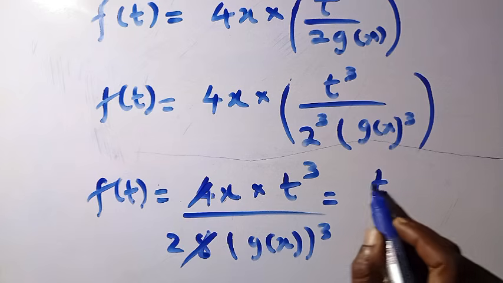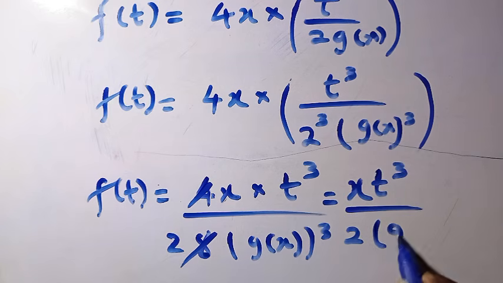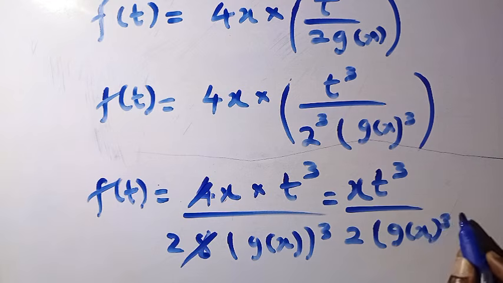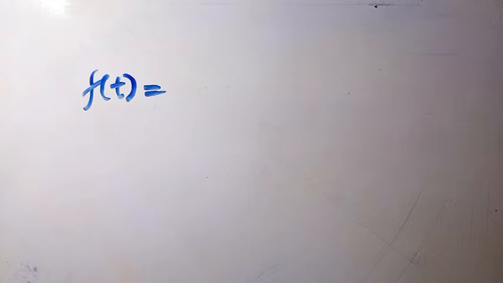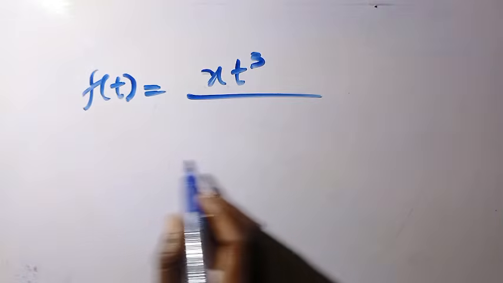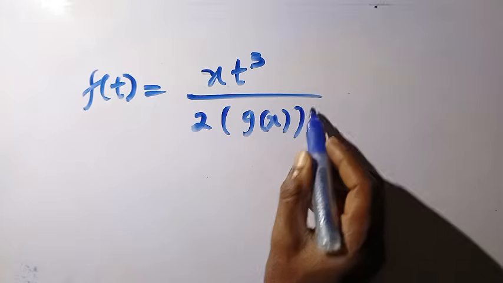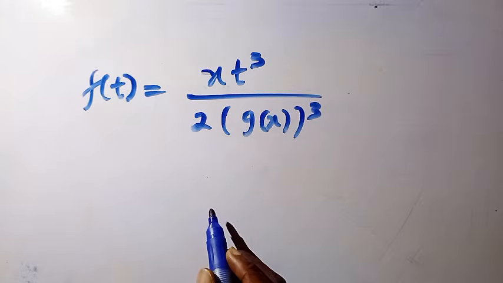So this equals x t raised to the power 3 divided by 2 into bracket of g of x raised to the power of 3.